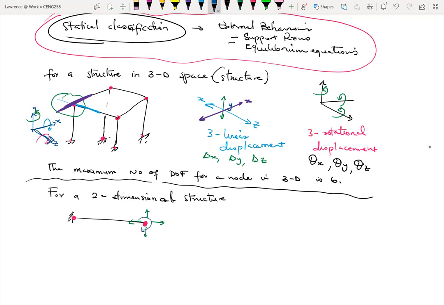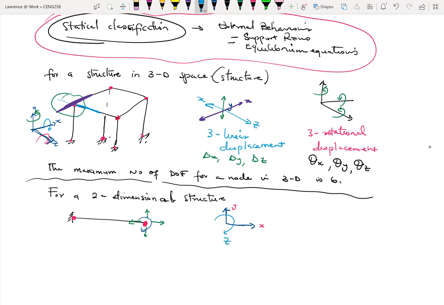About this point. So for any 2-dimensional objects, our nodes would experience a displacement with respect to the y, with respect to the x, and also a rotational displacement about the z.